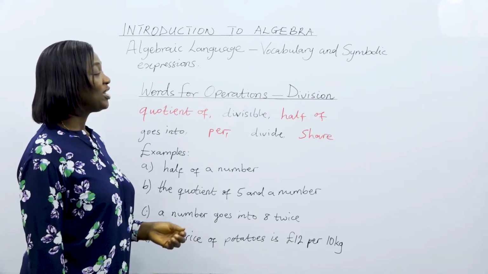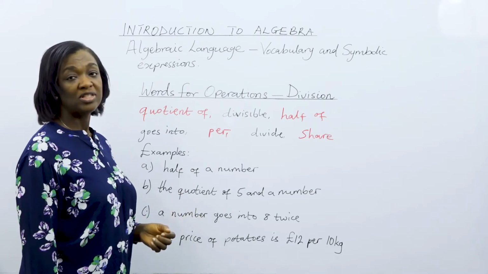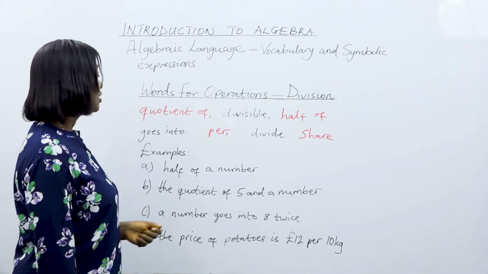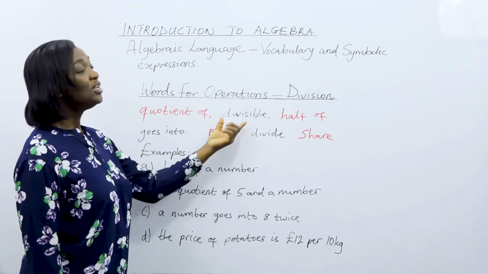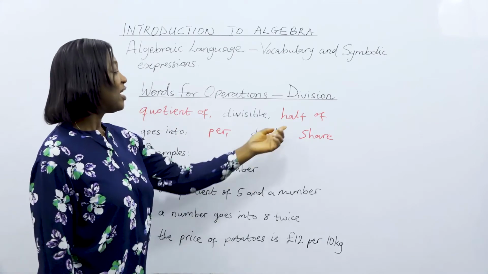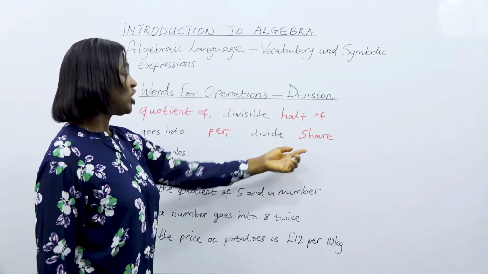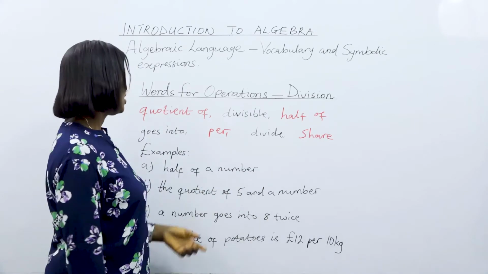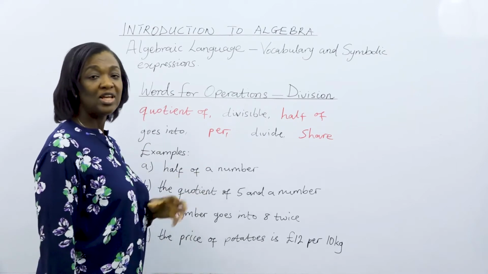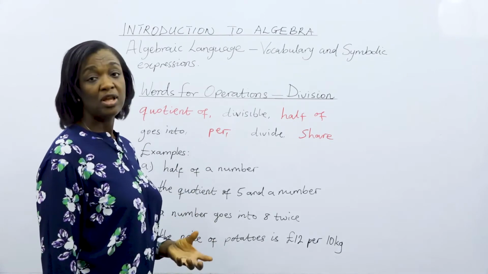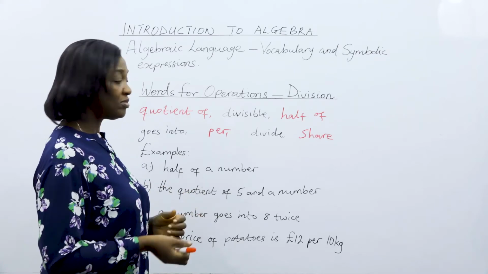Next, we are looking out for vocabulary words that would mean division. Words like quotient, or quotient of, divisible by, half of, share, divide, pair, goes into. All these are words that mean division in word problems.